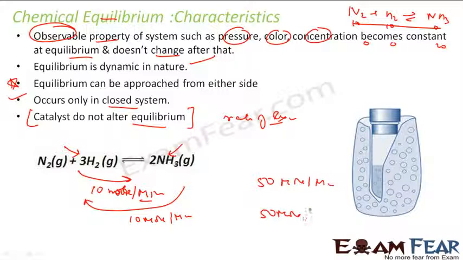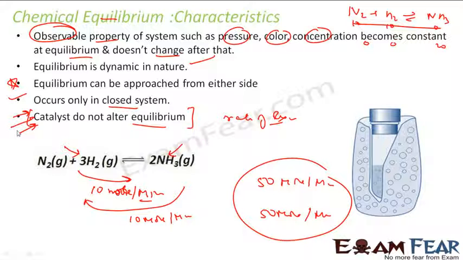So both reactions will be fast, but it won't alter the equilibrium. We'll discuss this when we discuss the Haber process. We actually use a catalyst to make it fast, but the equilibrium as such is not impacted.